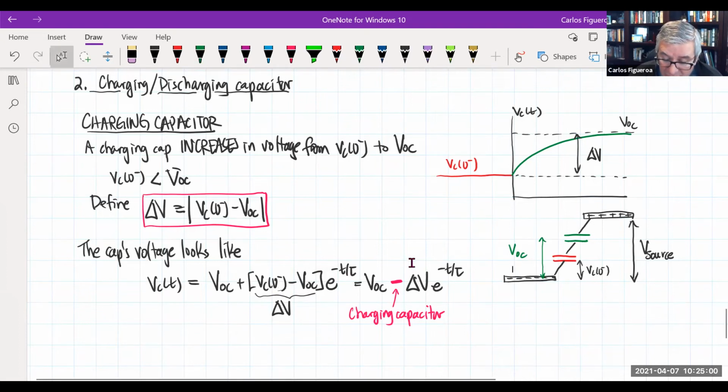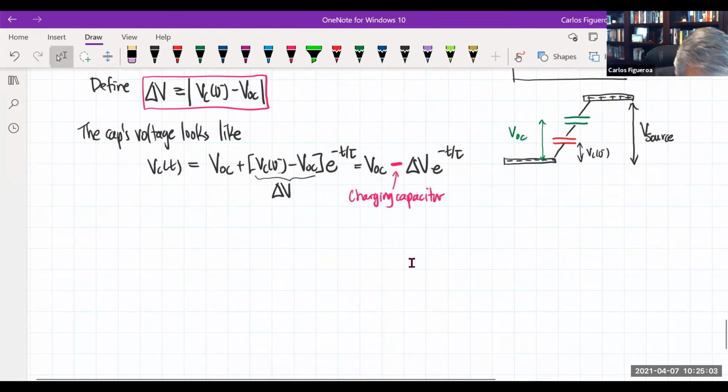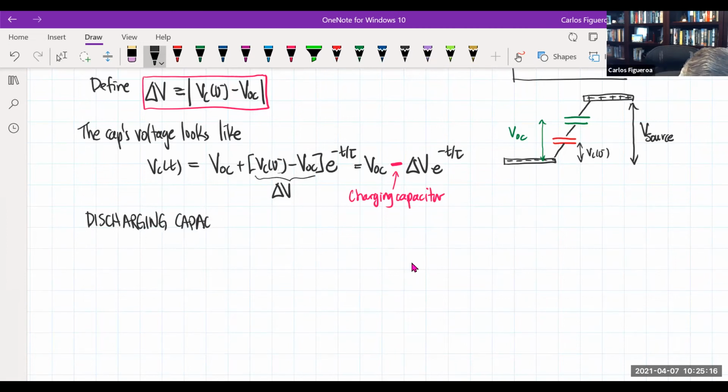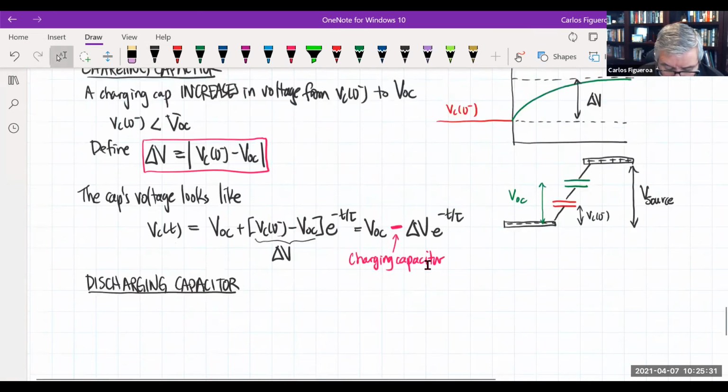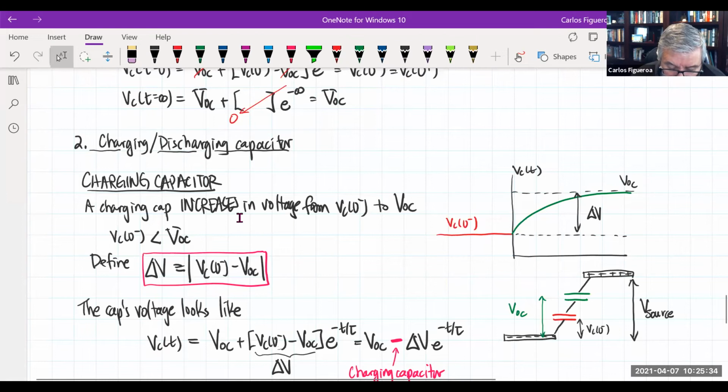Okay, so let's go to a discharging capacitor. A discharging capacitor, you could imagine, is going to have just the opposite. So in this scenario, what does the mathematics tell us? Well, just like I said before, if I have a discharging capacitor, instead of an increase in voltage, there has to be a decrease.